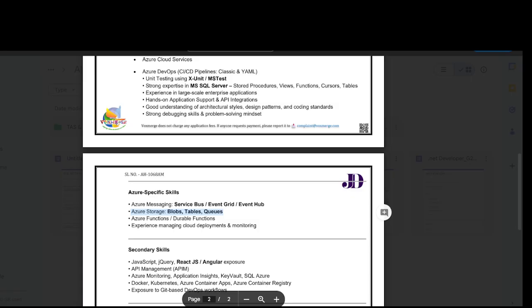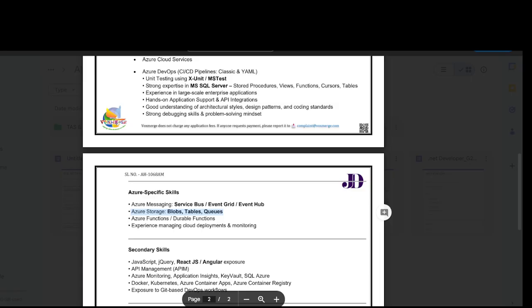And communications are handled by the service bus, performance is monitored by App Insights, databases run on Azure SQL, apps are deployed globally. So all these things are controlled using this Azure cloud system.